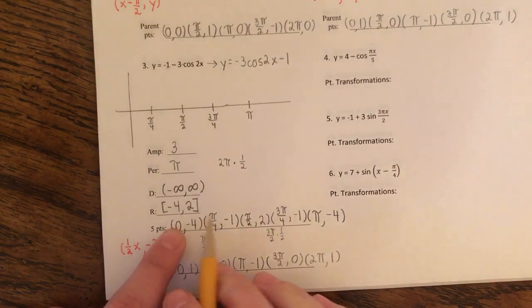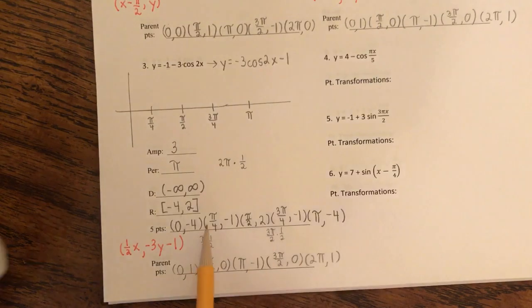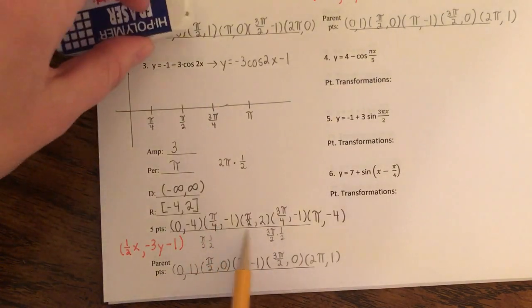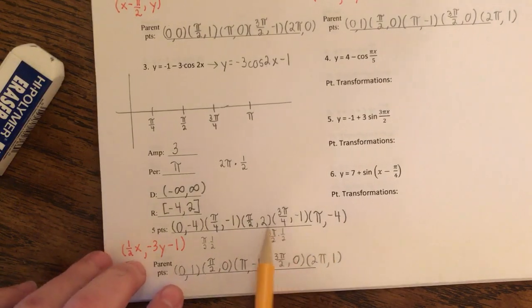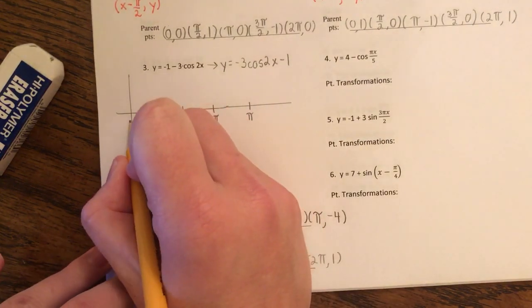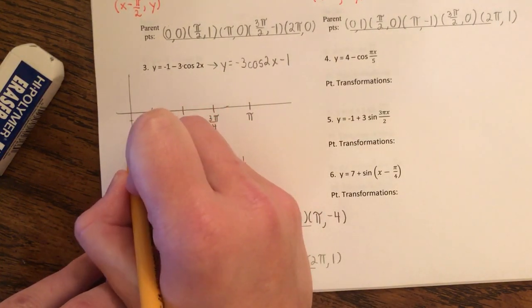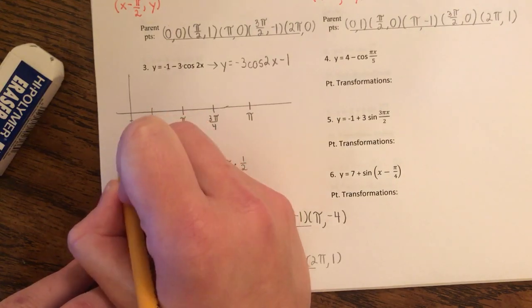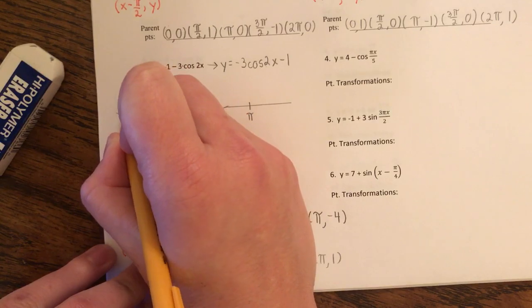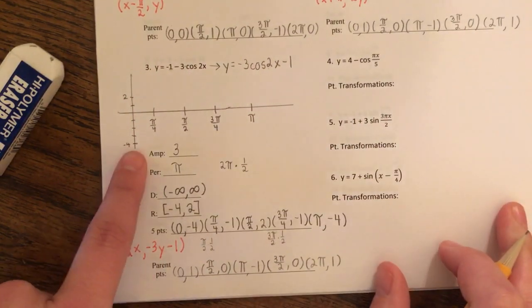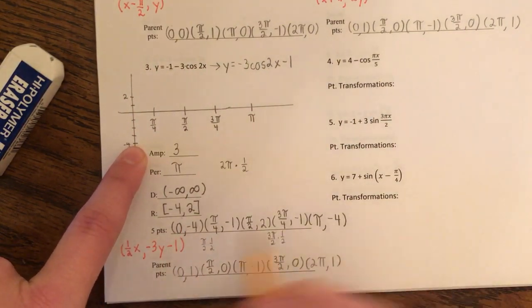And then remember, for our vertical line, we need to be able to go down to -4, but yet up to +2. So -1, -2, -3, -4, up to +1, +2. So then let's start drawing our points and then we can draw our midline.